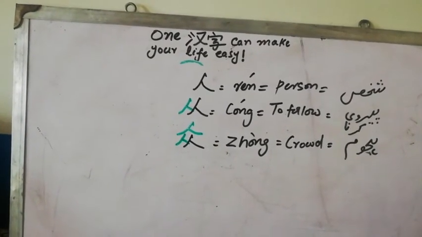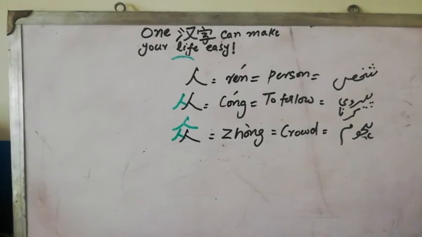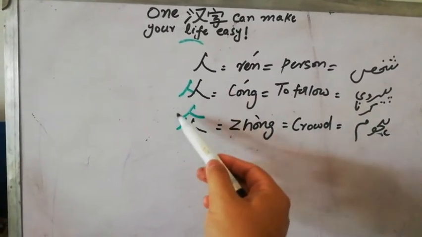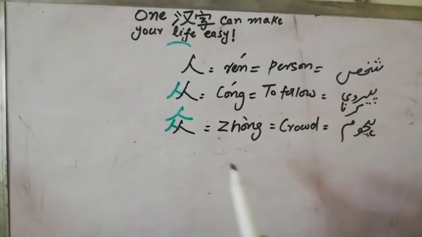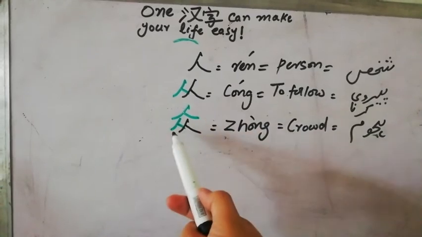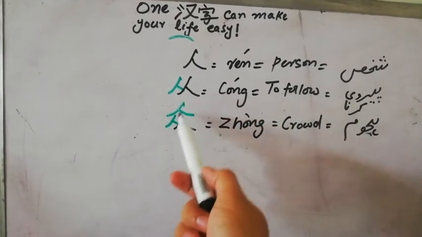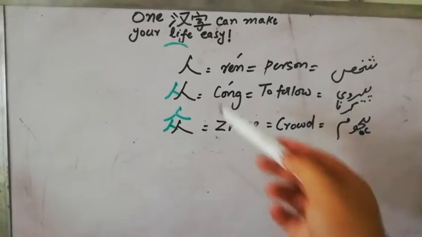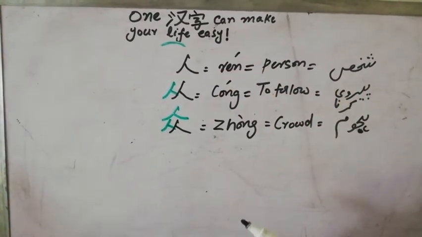So you saw how we added these strokes and it becomes easy for us. It looks like more than two persons, so it becomes a crowd. Hujum. You saw how one character made our life easier.